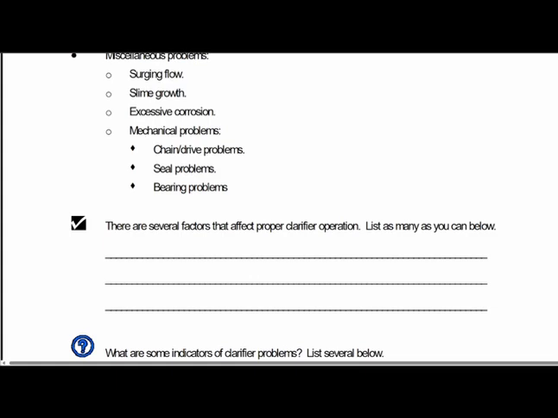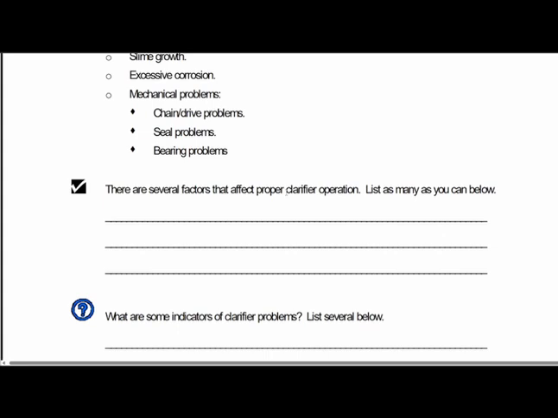When you shut down the clarifier and get a chance to take a look at everything, you might as well go through all of this and swap out your seals, grease up your bearings, grease up your chain. You do all that while it's already down.